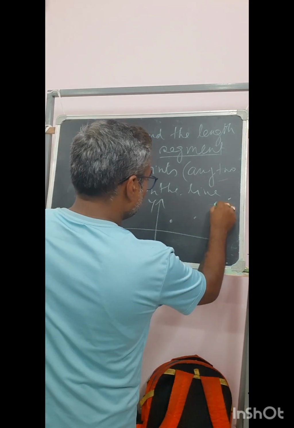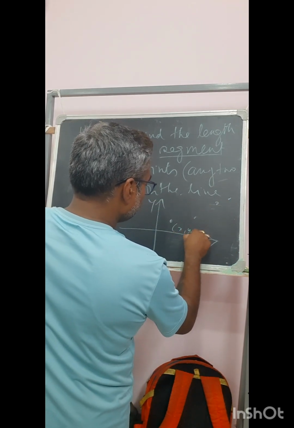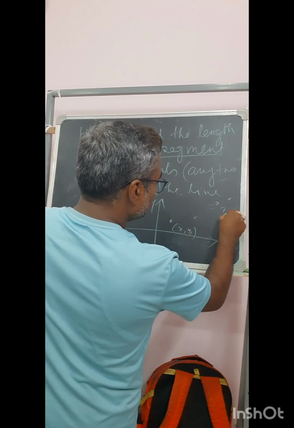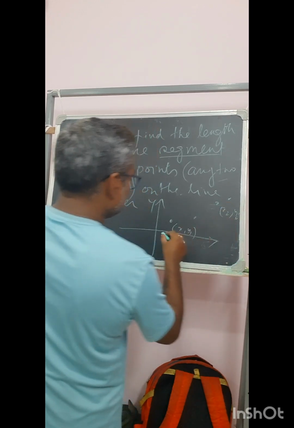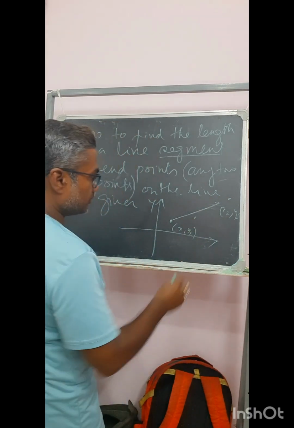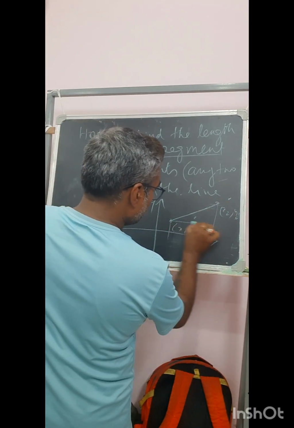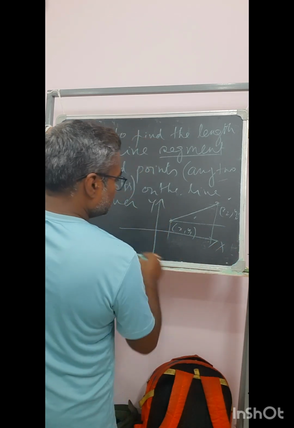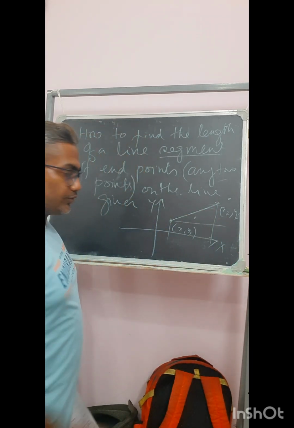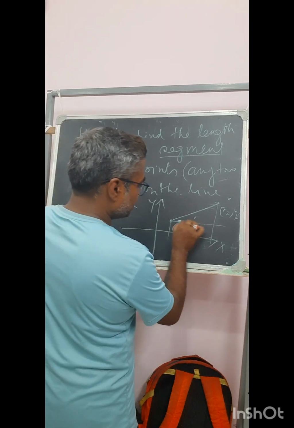Let's say these are 2 points, this is x1 y1 and this is x2 y2. So you have to find the distance. When I draw these verticals and draw lines parallel to the x axis, this will form a triangle.